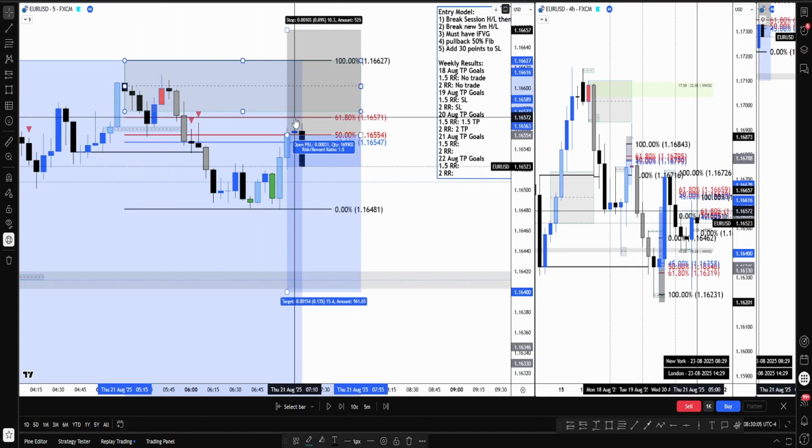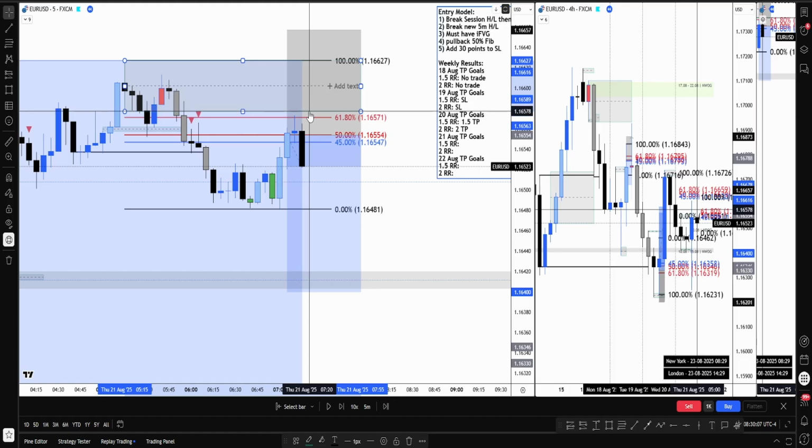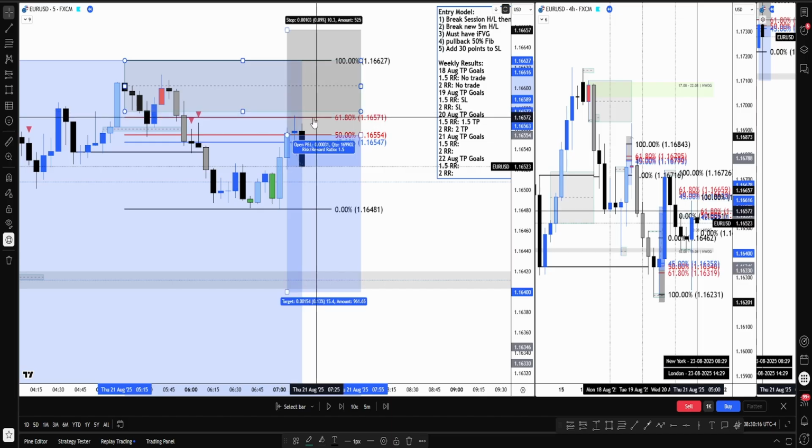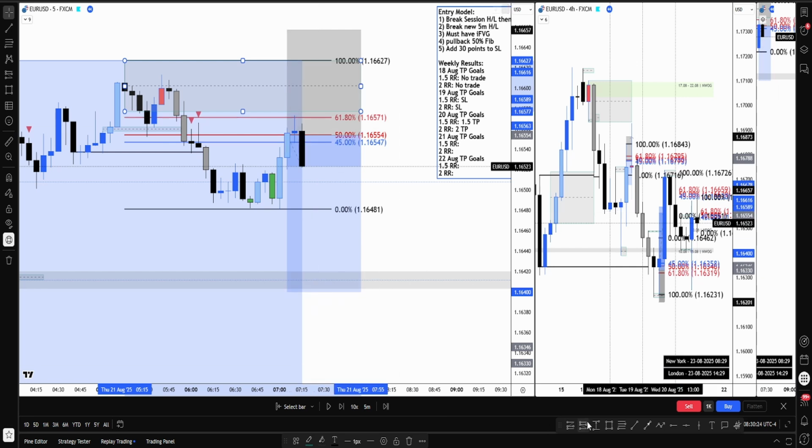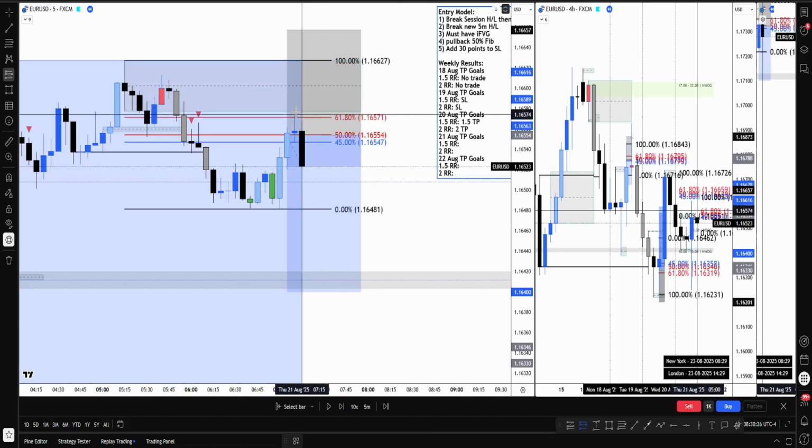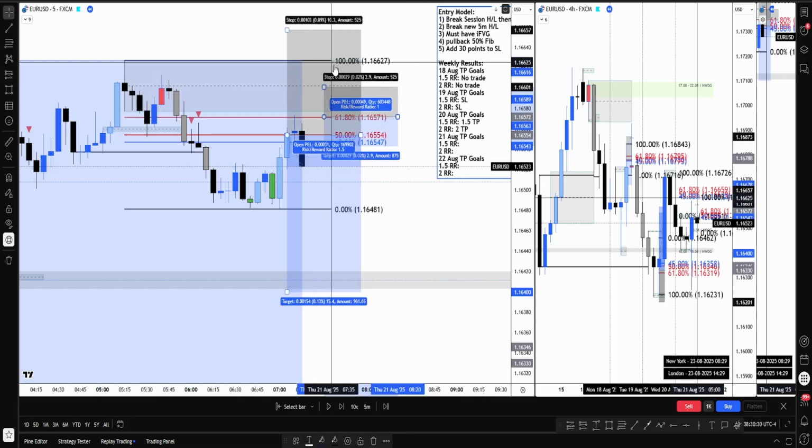I thought to myself, you know what? I'm going to take the bullet. 1.16578, 1.16572. That's literally 6 points difference. So I took my entry for the 2 risk to reward trade here.